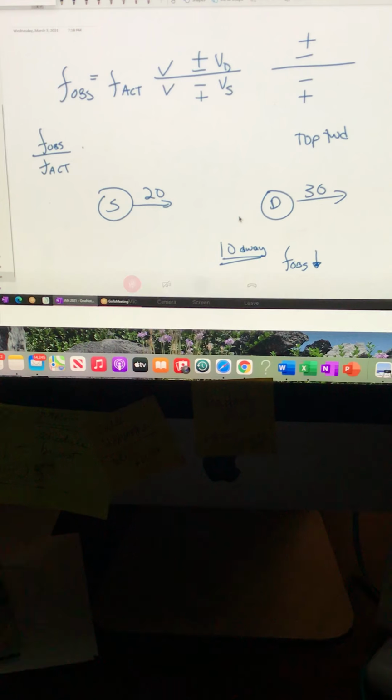Okay, frequency observed over frequency actual equals... my V is whatever the speed is. What's the speed of radio waves? Radio is light, dude. Radio is 3 times 10 to the 8th.